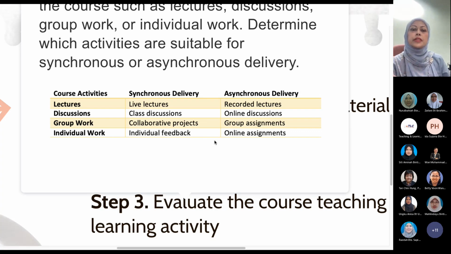So when it comes to preparation, a huge amount of time must be allocated for the students to prepare themselves for any kind of synchronous or asynchronous delivery. More time will be given if it would be asynchronous because you are not there. So ensure that you have supplied them with all the information vital for them to start and keep working.